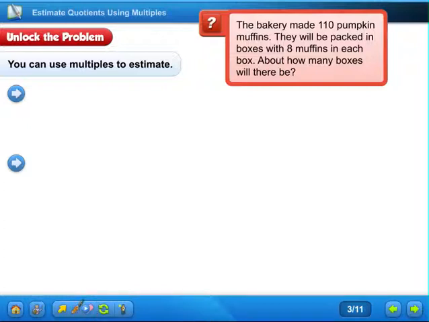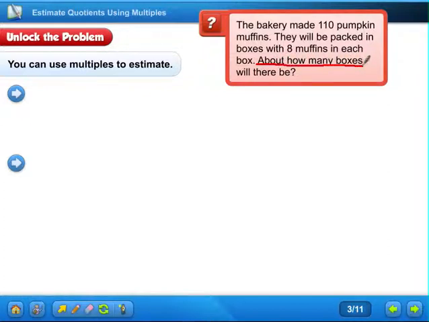So, first I'm going to use my underlining. Oops, too big. Sorry about that. Let me get a little smaller. Hopefully this one will be better. Much better.